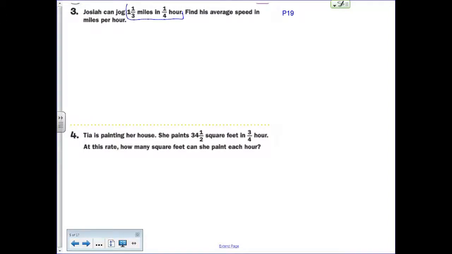So there's that miles per hour idea of forming a rate and turning it into a unit rate. It says find his average speed in miles per hour. So we're going to start off with 1 1/3 miles on top, big bar, and then 1/4 hours on the bottom.